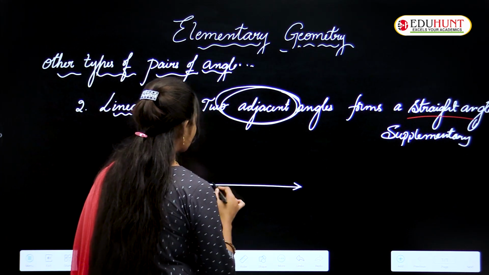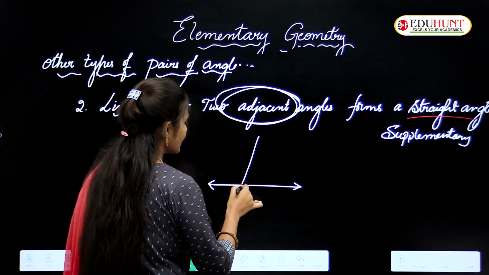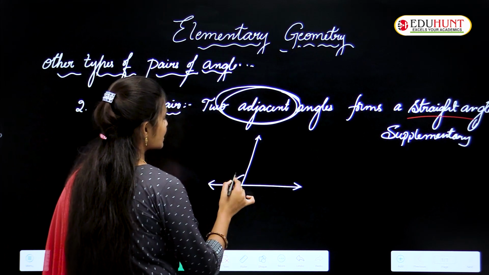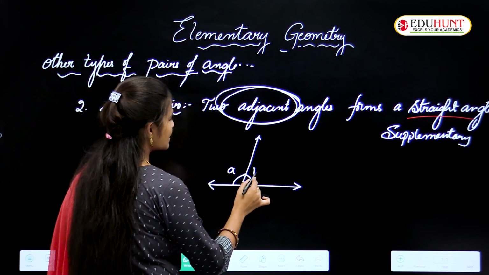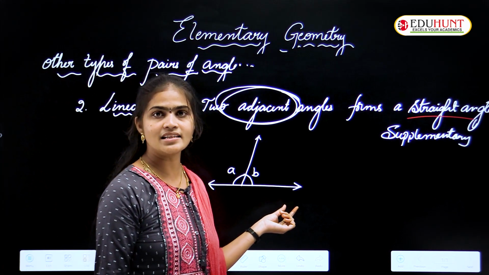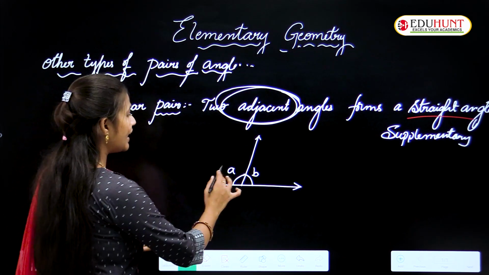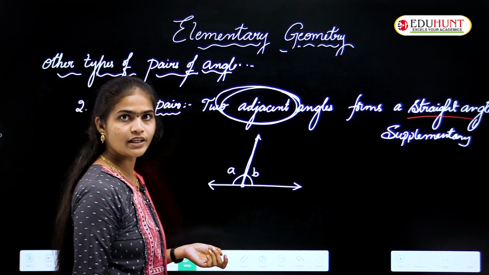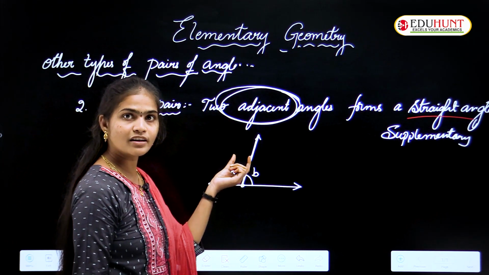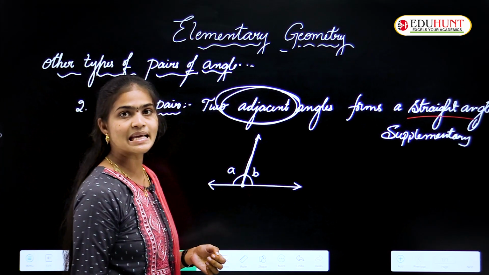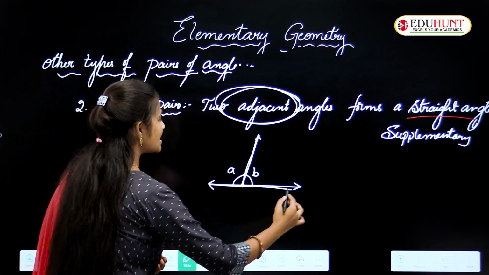Already we know that adjacent angles means two angles formed by a common arm. Let us take this as A and this as B. Shall we call A and B adjacent angles? Yes, of course. Why? Because A and B have a common arm and those two are also formed at a common point. That's why we can say A and B are adjacent angles, and those two angles form a supplementary, which means a straight line.